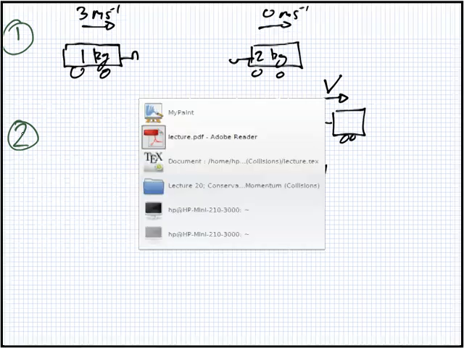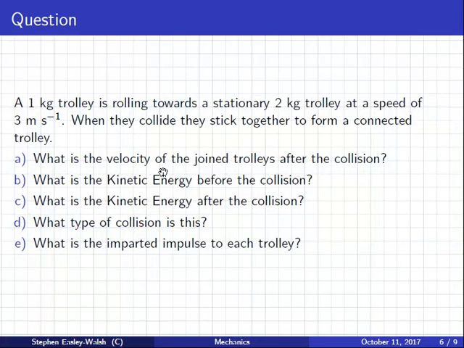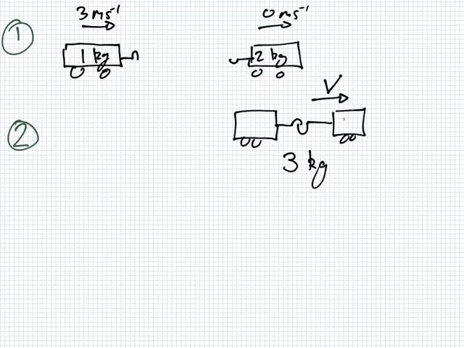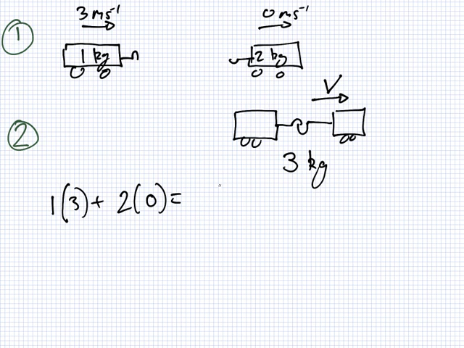Right, so let's do this together. The first one: how do we get the V? What rule should I use to get the V after they collide? Well, the conservation of momentum. So let's write this down together. What's M1? 1. U1? 3. Plus M2? 2. U2? 0. Now, do you want to think of this as 2 trolleys or 1 trolley?